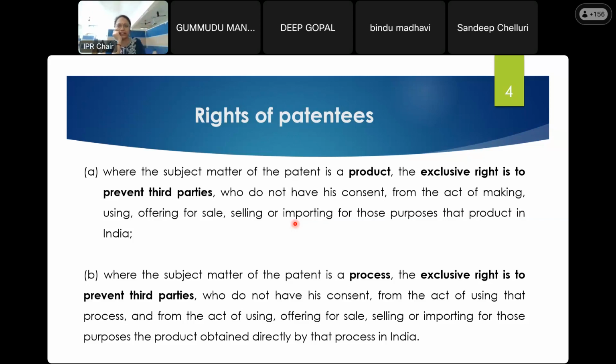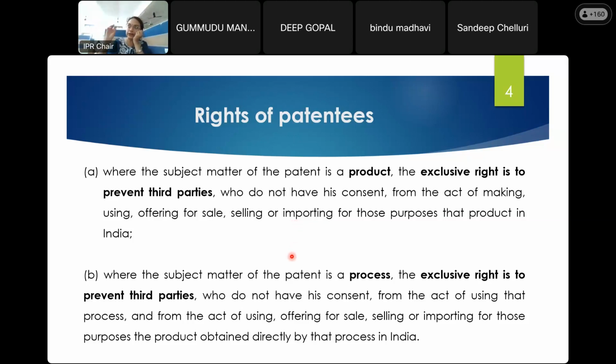So you are called the patentee, you have the patent. So what are your rights? Here are the two rights. This is taken from the Patents Act 1970. I have just pasted these rights. If you don't understand these big sentences, I'm telling you in a simple manner: when your patent is on a product, you can stop every third party who does not have your consent from making that product, using it, selling it, offering it for sale, or importing that product into India.